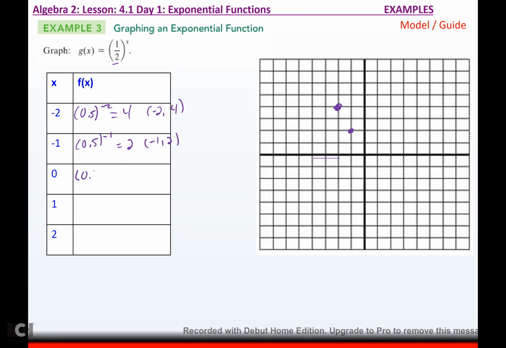Okay, 0.5 to the 0 would be 1, (0, 1). 0.5 to the 1st would be 0.5. And 0.5 squared would be 0.25. I plot that, and sure enough, we've got decay. Okay, pretty easy.